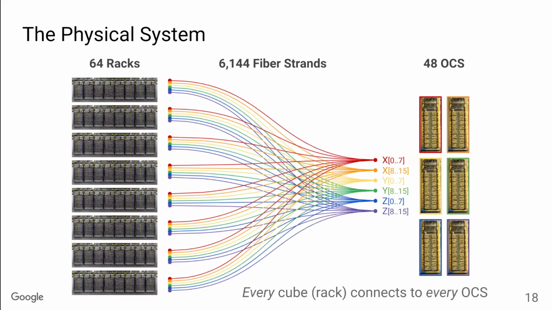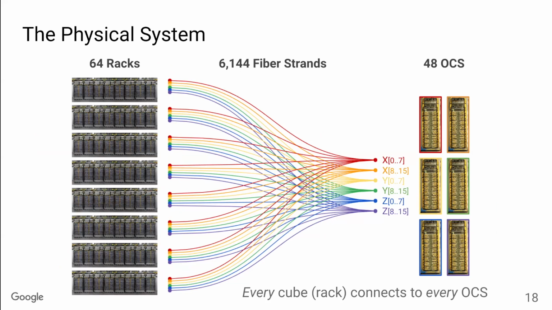So here's the physical system of the optical interconnect. Here's 64 racks shown over on the left and all the different fibers coming out of them. These fibers are interspersed. You see that each of the racks contributes one of the red colored fibers and one of the yellow colored fibers, etc. These go into the optical switches. There's a carefully constructed set of connections within the optical switch, such that we can always connect whatever the person wants.